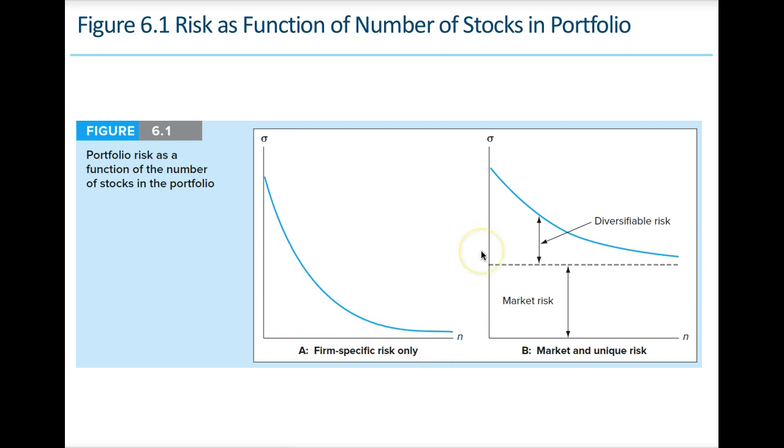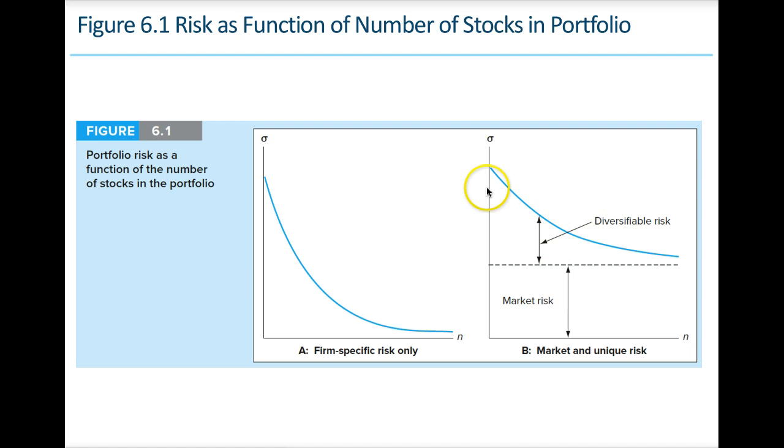But picture this line N as we pick up 1, 2, 3, 4, 5, 6, all the way up to say 30 stocks. Over here would be 30, over here would be one stock. Now that market risk, that non-diversifiable risk, no matter how many stocks you put in your portfolio, this measure of risk is not going to change; it will remain constant.